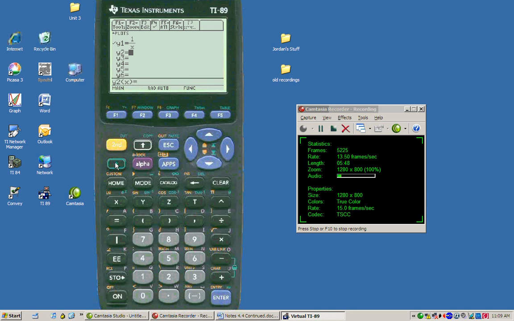For my window, I don't want any negative x values, but I do like to be able to see that y-axis. So I think I'm going to go from negative 1 to 10 for my x's. And for my y's, I'll also go negative 1 to 10.